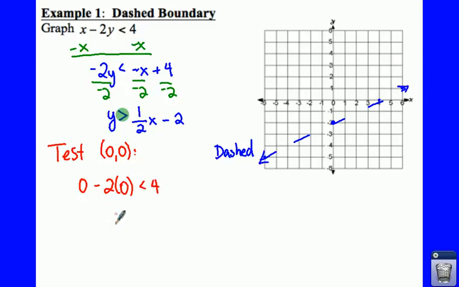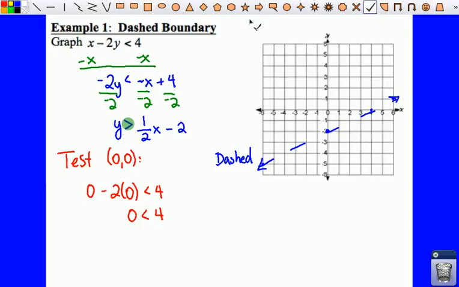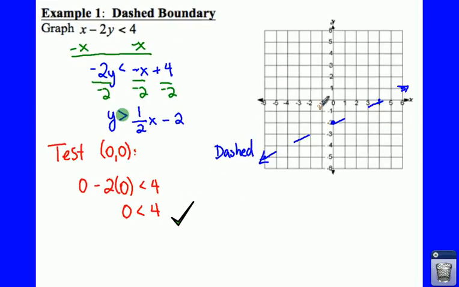You simplify, so 0 minus 0 is just 0. Is 0 less than 4? Is this a true statement? Well, last time I checked, 0 is less than 4. That means this point right here would be in the shaded region.